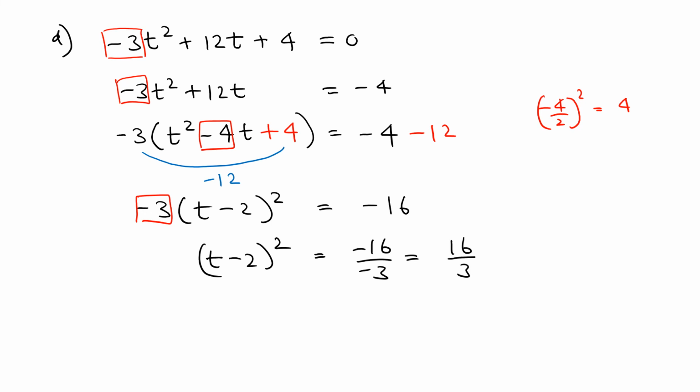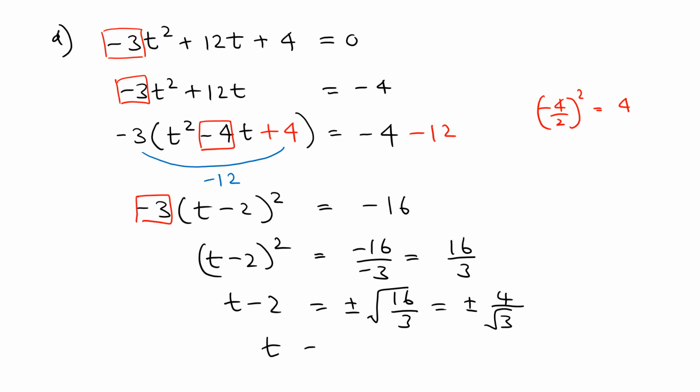Now we take the square root. Once you take the square root, you're going to get plus or minus the square root of 16 over 3, which is equal to plus or minus the square root of 16 is 4, and the square root of the bottom is square root 3. So you can leave it like that. Now we can add 2 to both sides.